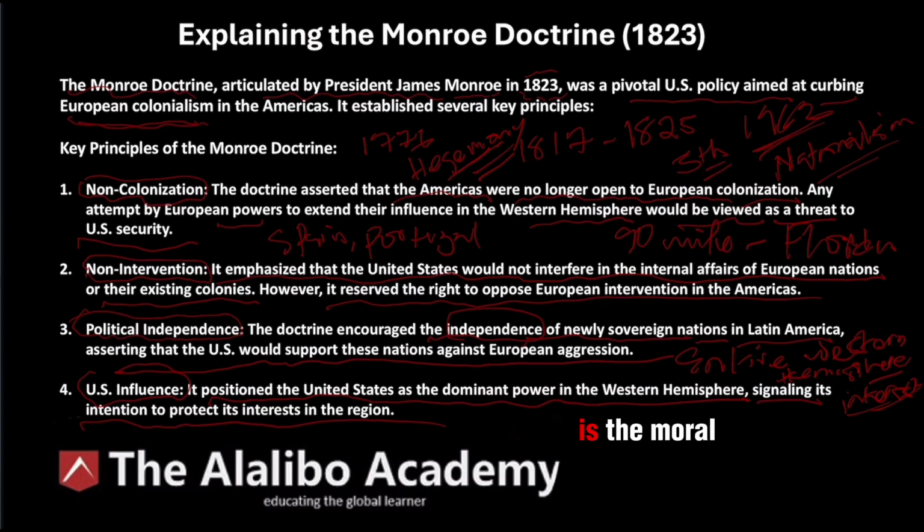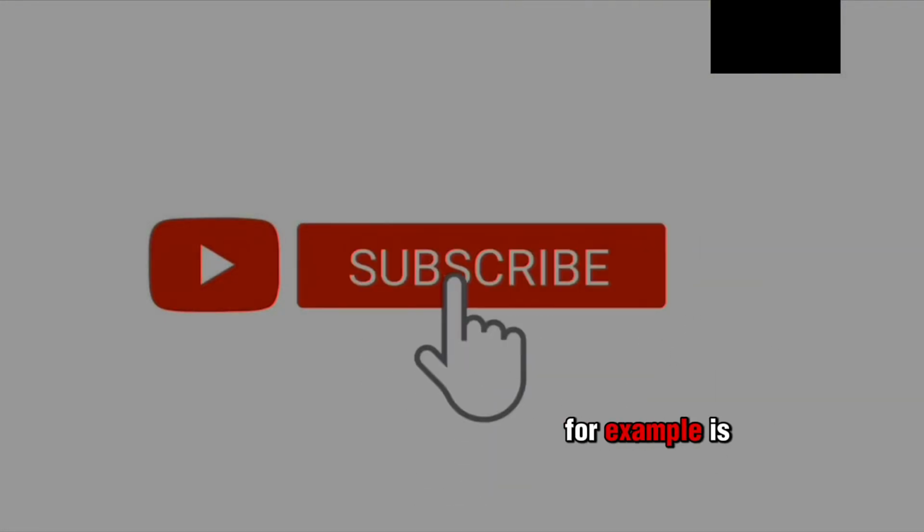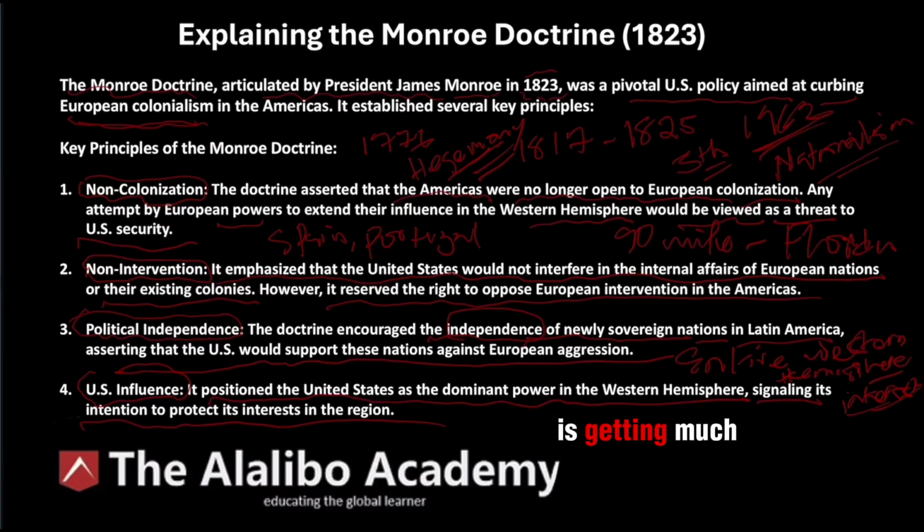The question is, is the Monroe Doctrine very effective against other powers in the region? We know that China is in Latin America. China is doing business with Latin American countries. They're getting oil. Iran, for example, is dealing with Venezuela. It's getting much of its petroleum from Venezuela. And other countries as well are coming to the region to do business and engage.